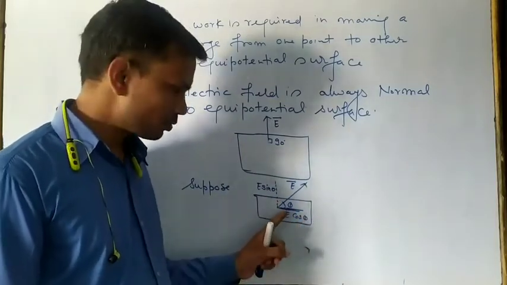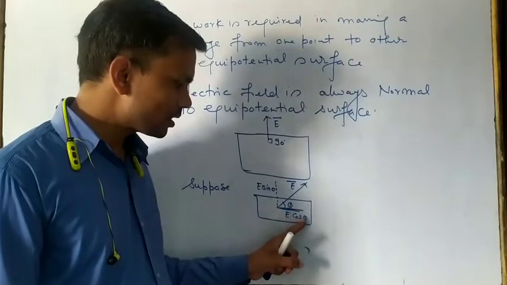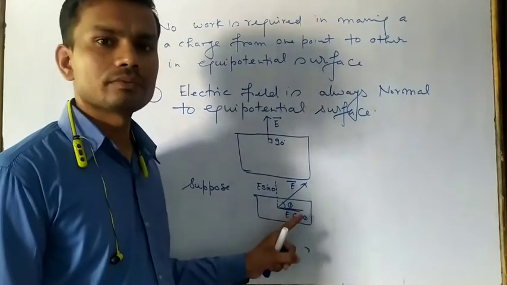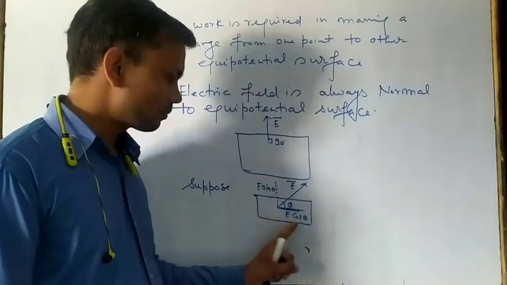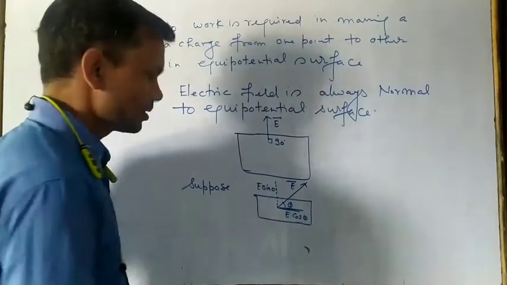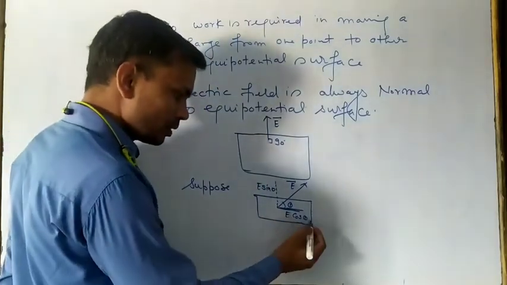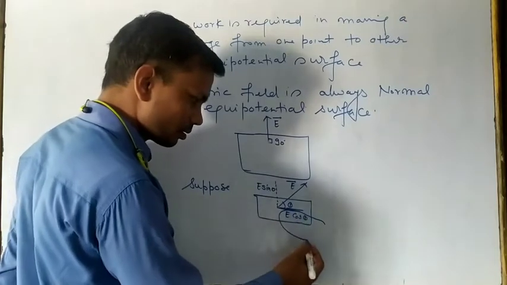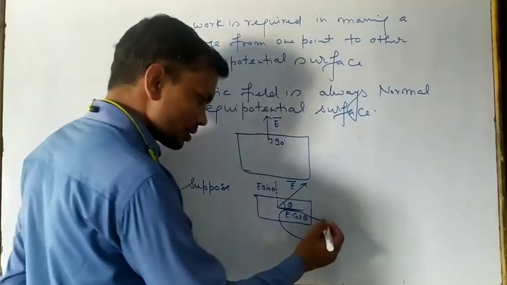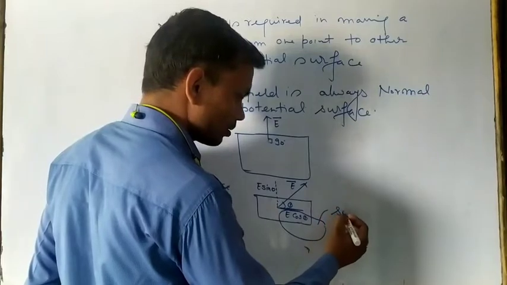Now listen, if the electric field is not normal to that equipotential surface, then the next situation is there. Here you have to see this E cos theta, this is the one component of this electric field which is effective along the equipotential surface, and due to the presence of this component, some work is required.